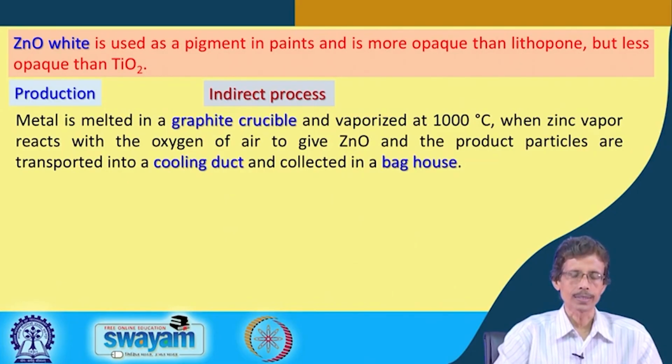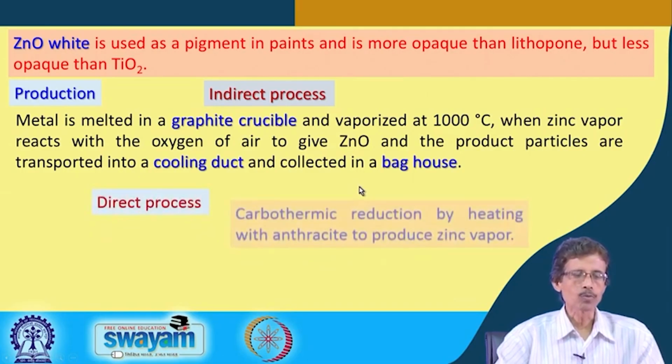The zinc vapor reacts with dioxygen in the vapor state, and a duct takes the zinc oxide to the cooling duct, which is not at 1000 degrees or more, and then finally it is collected in a bag type of area known as a bag house.